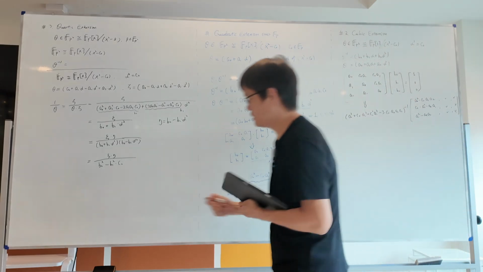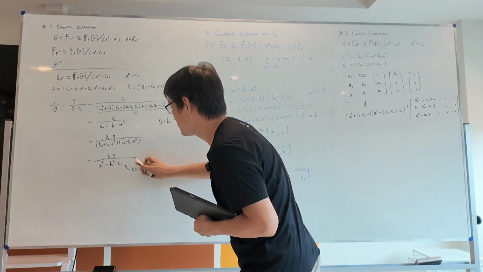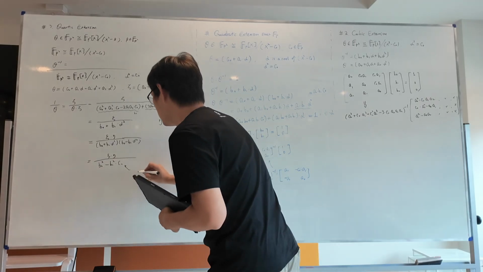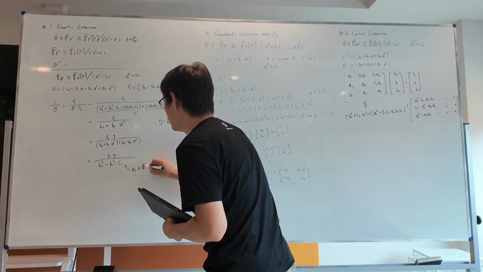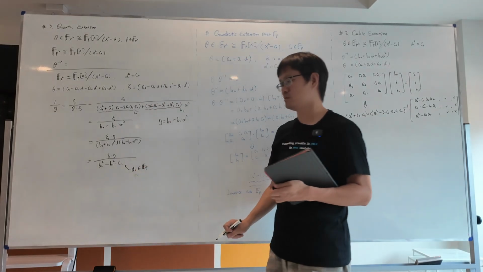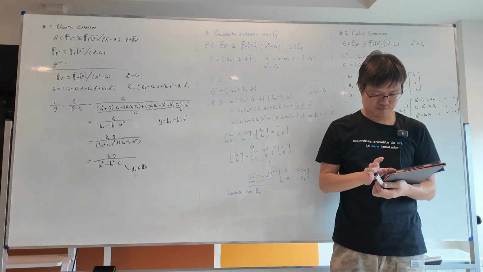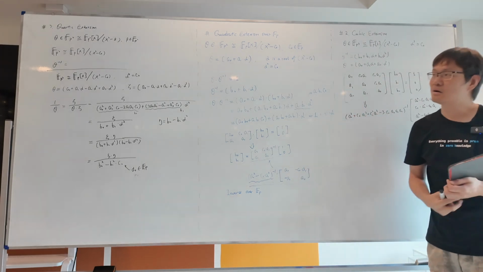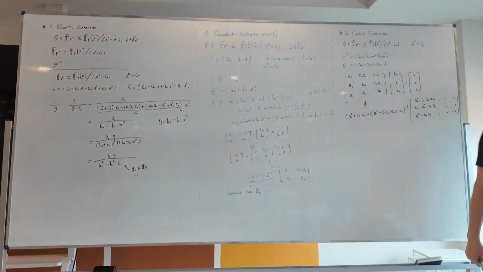This one is an element from the base field, and we call it D. D0 is an element from the base field. Any question here?